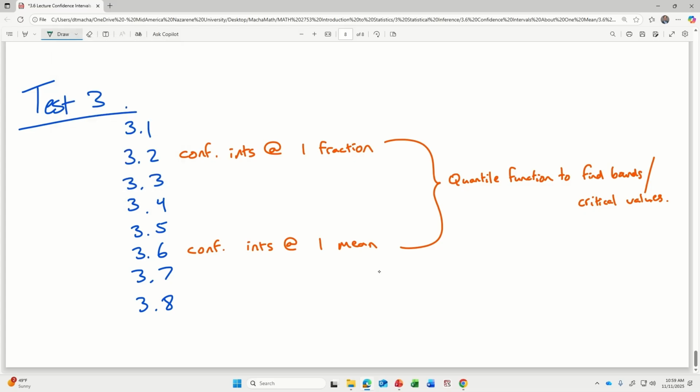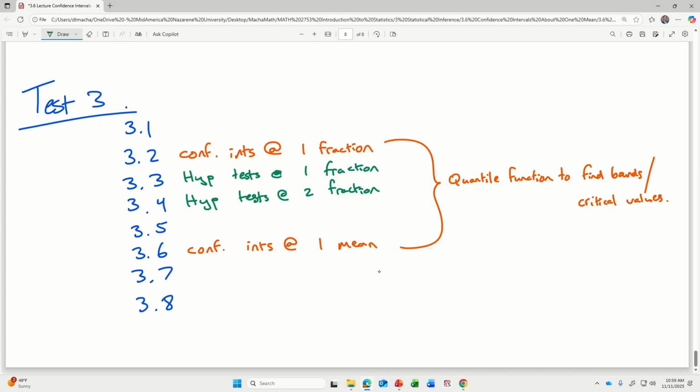In 3.3, we were doing hypothesis testing about statements about 1 fraction. In 3.4, we were doing hypothesis testing about statements about 2 fractions. You're making a claim about 2 population fractions.